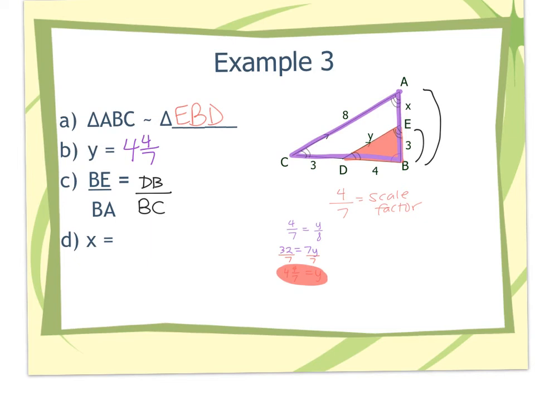And those letters could be switched around. It could be BD, it could be CB, it doesn't matter. And then what's the last one? It's the last pair of corresponding sides. So we're going small triangle to big triangle, which means, good, ED over AC.